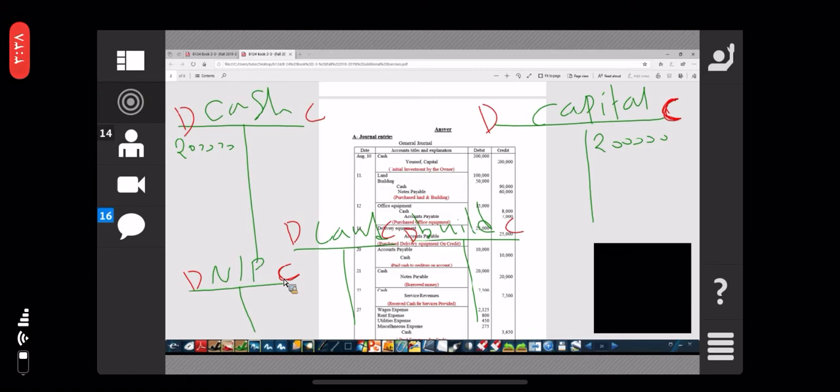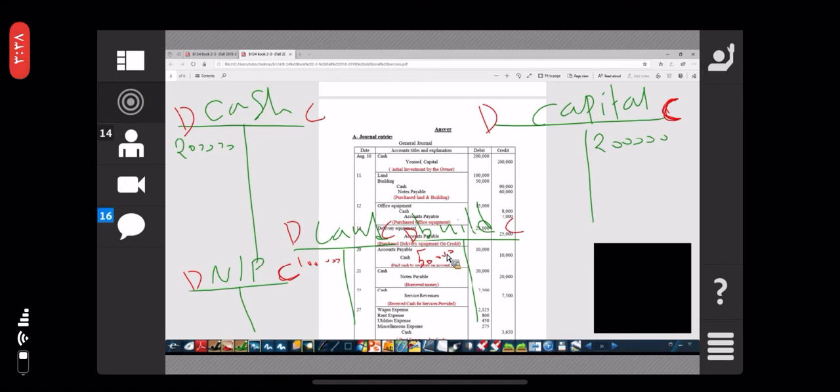So we will go to land and put 100,000 in the debit side. Building also, you will go to building in the debit side and put 50,000.